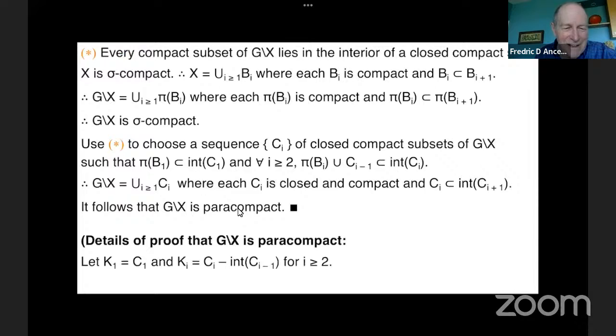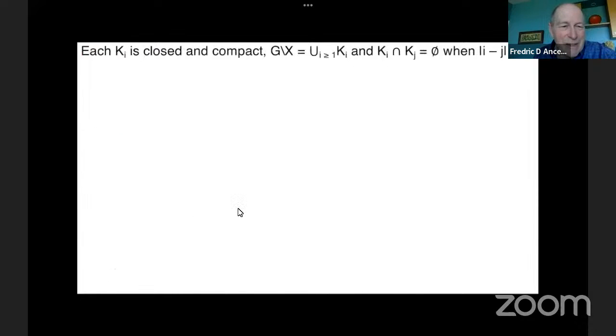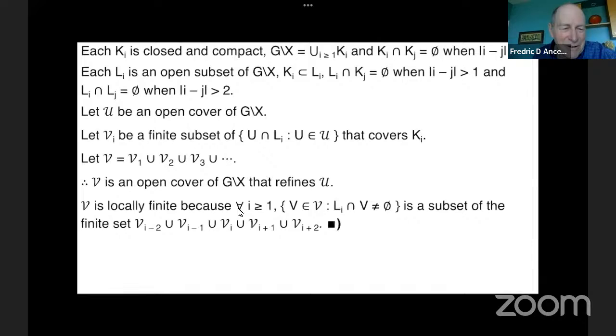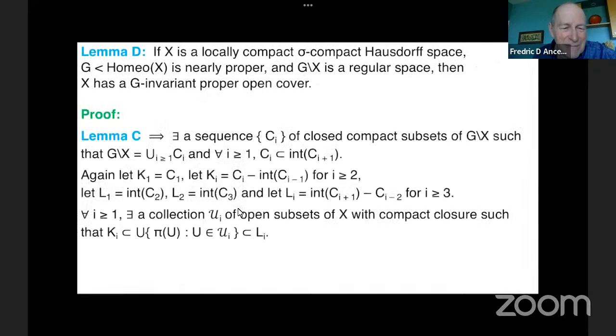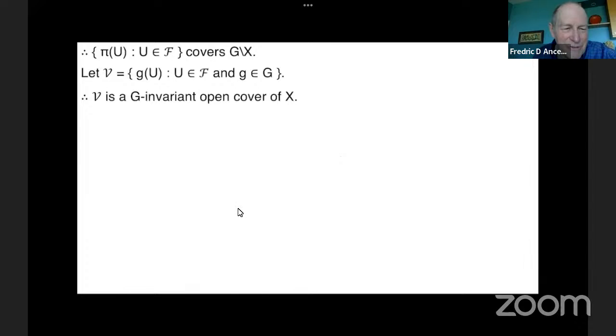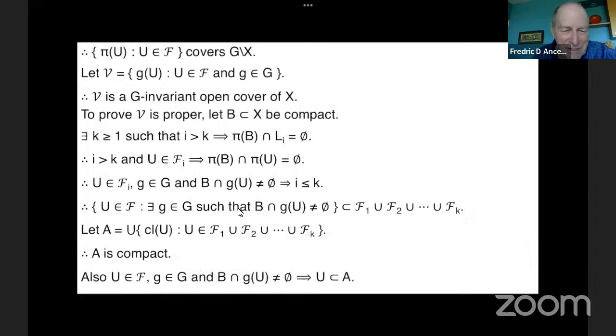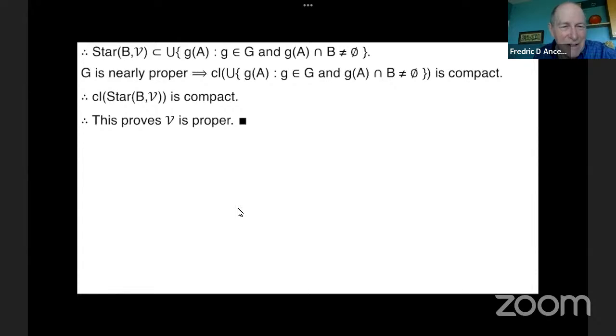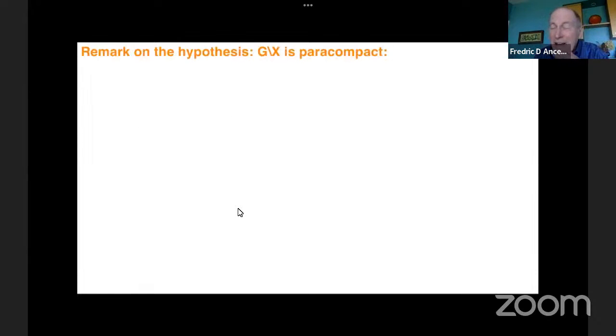Earlier I don't know if you recall it anymore. I'm sorry, flashing through all this stuff. Get past the proofs of these lemmas, and I'm willing to send these slides to anybody who wants to look at it. Okay, earlier I mentioned a problem which I'm interested in knowing the answer to, which is that suppose I have an equiregular group of homeomorphisms acting on a metrizable space.